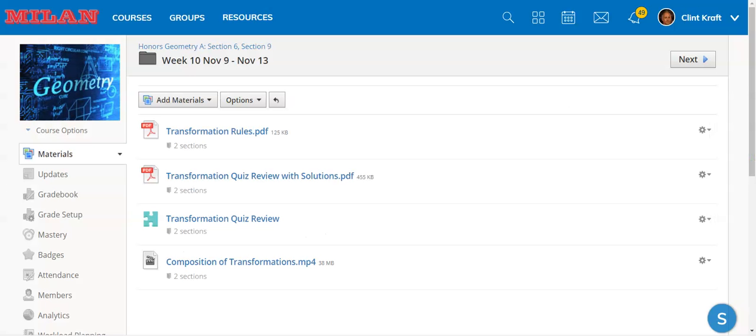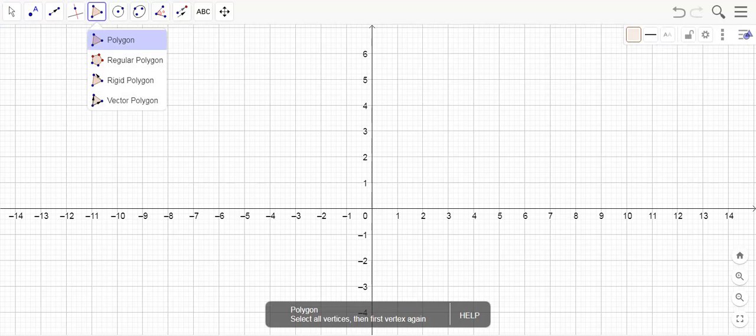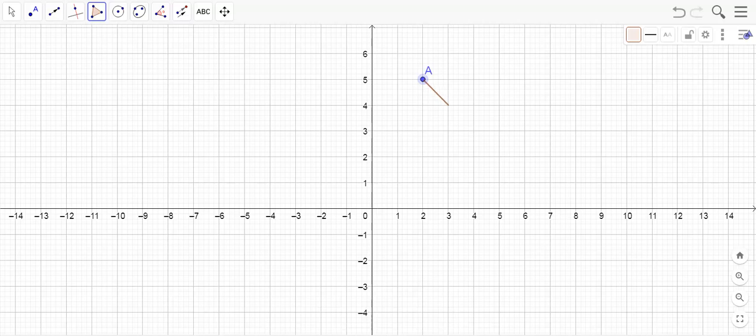So on GeoGebra, it's going to look something like this. When I graph my polygon and I put my points, our first point was at 2, 5, and then we go to 7, 2, and then we go to 4, 7, which would be right here, and connect it back.